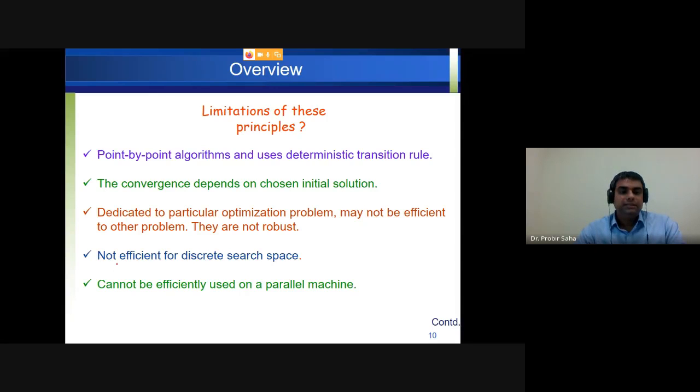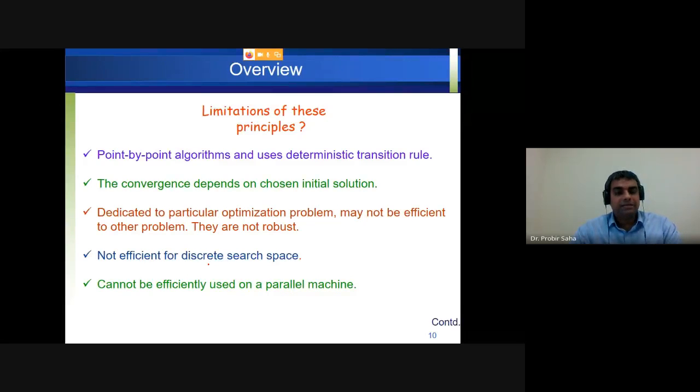Then the next one is also important: they are not efficient for discrete search spaces. Even if the objective function is not continuous in nature, this method will not work. And in the real world, you see that the solutions may be discrete. They may not follow an equation, but they are very discrete. For those kinds of problems you cannot solve, because you need equations that are continuous in nature.